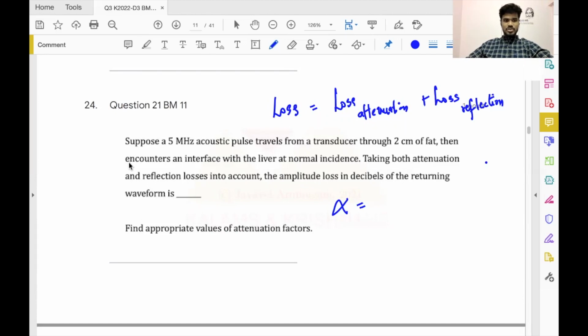I'm going to tell you a shortcut, but I want that constant. What is that alpha in that problem? There should be decibels per centimeter. 8.7 mu a?